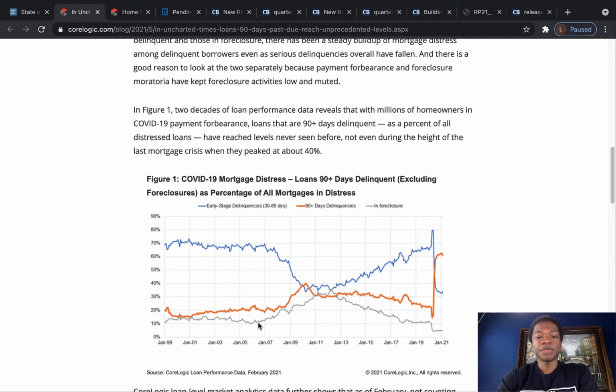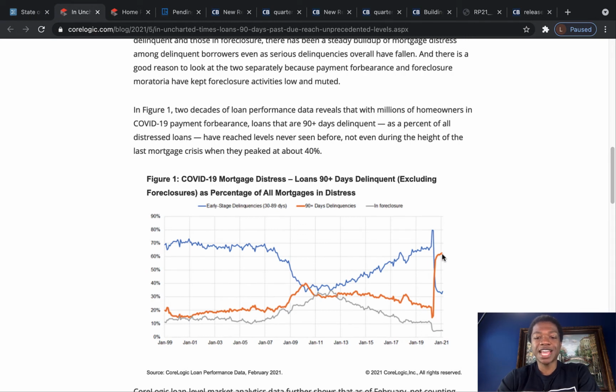And so what we can see is around that 2008, 9, 10 time frame, that last housing crash, we can see that our 90-day delinquencies got up over 40%. And we can see that today, or in January of 2021, that was up over 60%.